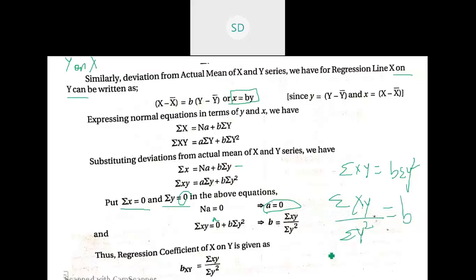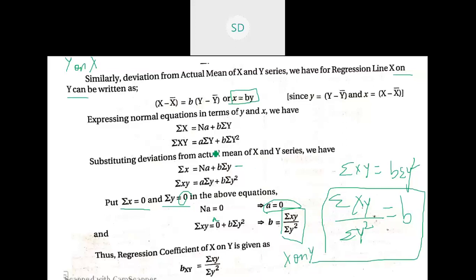So we end up with this complete equation here. Okay, so that is the value of b given here. Then going on further, this is the regression coefficient for the line x on y.